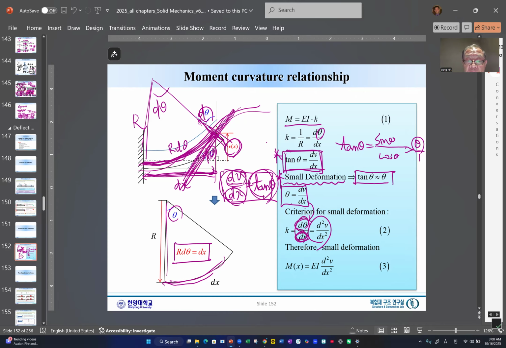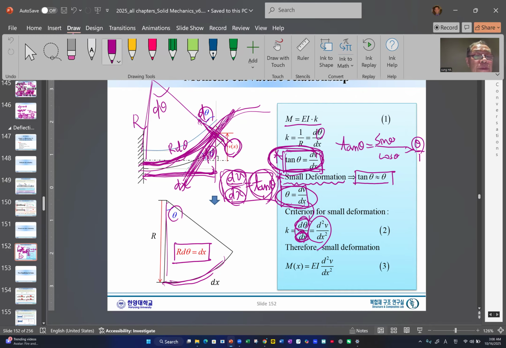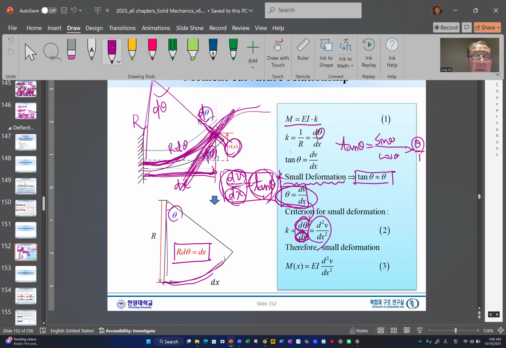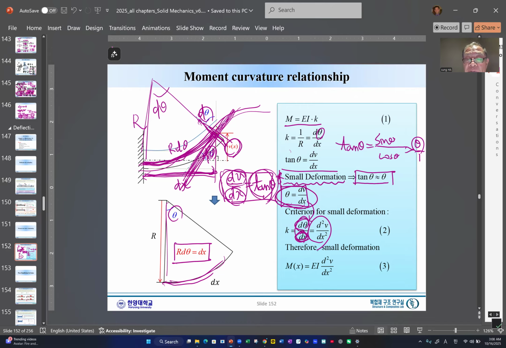See, this one was the d theta dx previously. Now with this assumption, okay? This is not the assumption, this is the known. This is the assumption: small deformation, tangent theta is theta, and now we have this, okay?